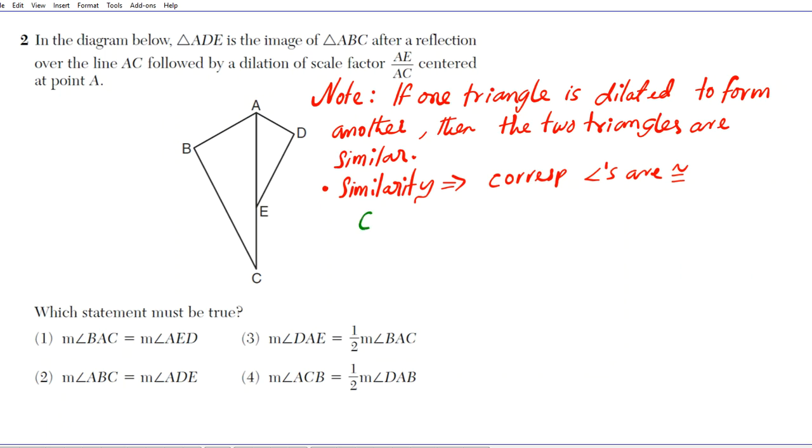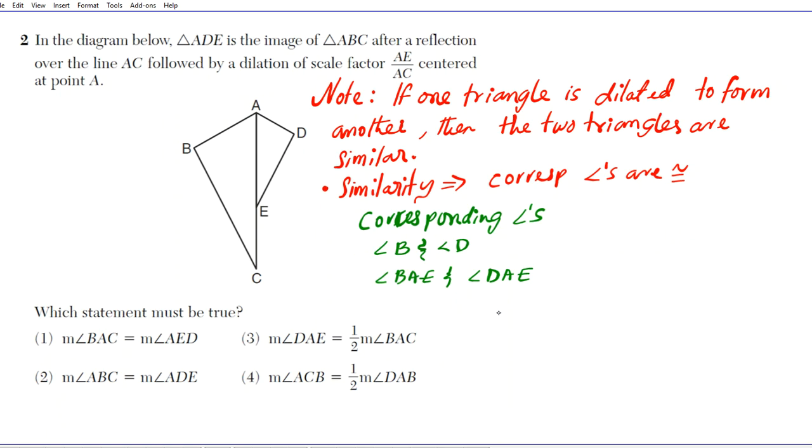So corresponding angles here are angle B and angle D. This was reflected over there. And then angle BAE and angle DAE are corresponding angles.